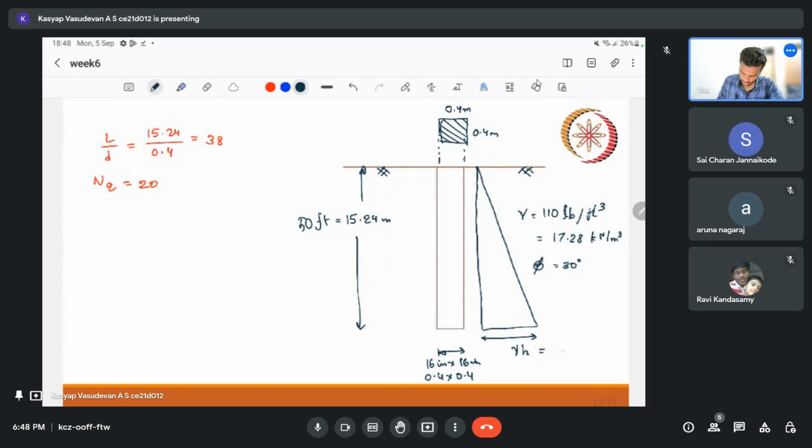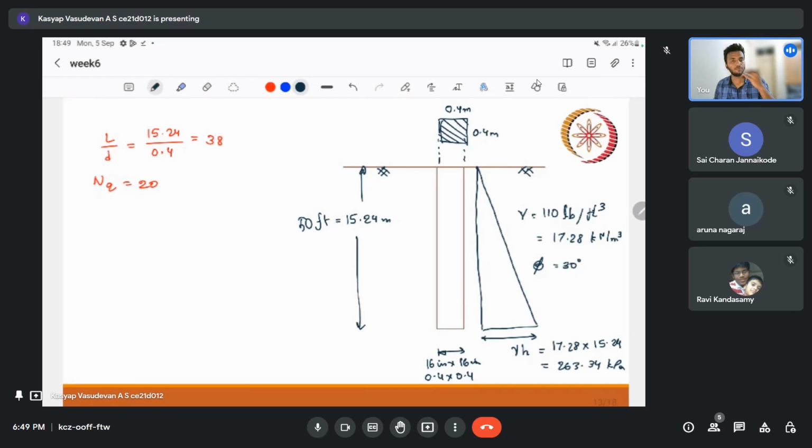So that will be 17.28 into 15.24. That will be 263.34 kPa. So this is the pressure at the base of the pile.